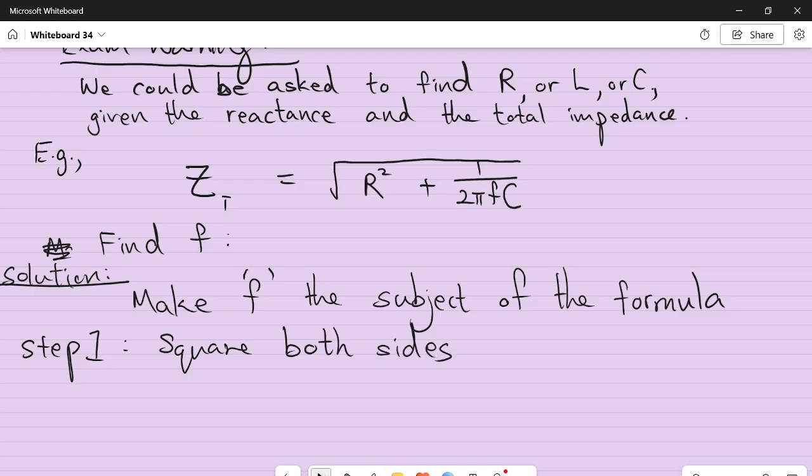I'm going to write out in detail so that when you revise, you know what I'm actually doing. So I will have Z total squared is equal to R squared plus (1 over 2 pi F C) squared. Is everybody happy with that? Okay.